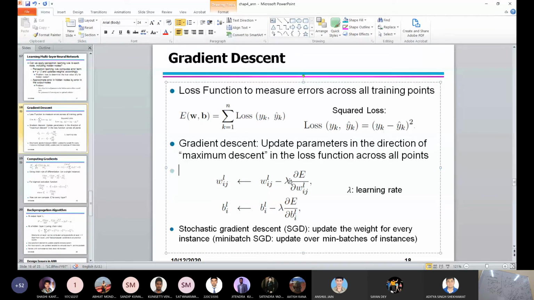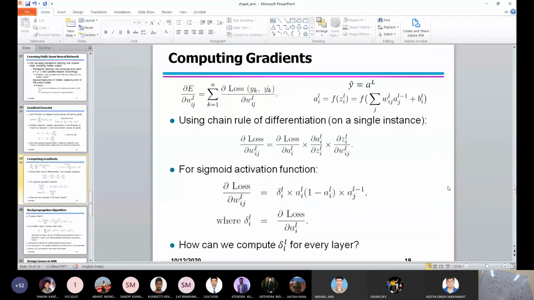Now we move to this one: how to compute delta E by delta Wij with respect to level L. With respect to the single value Wij, this is the entire loss function.